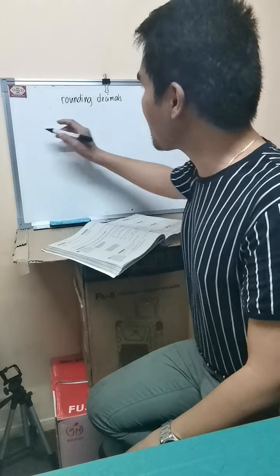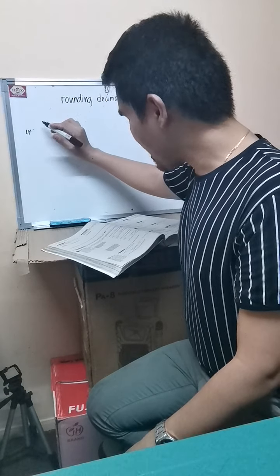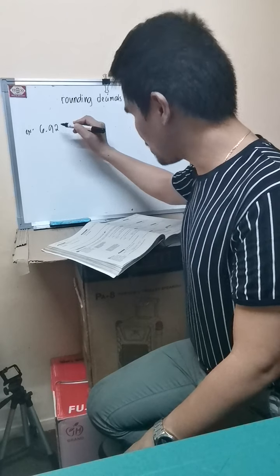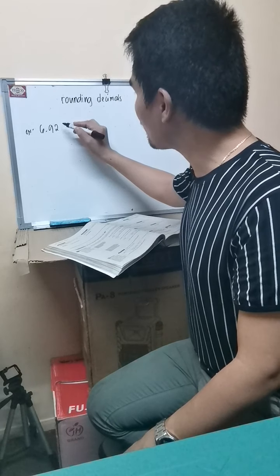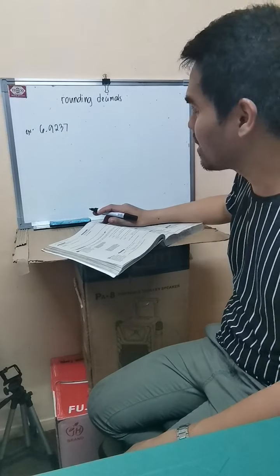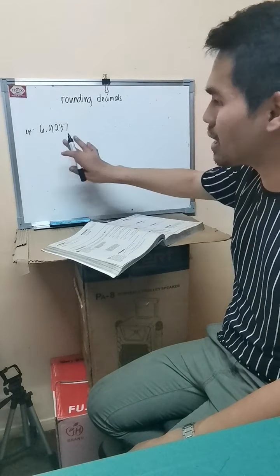Okay, let's say for example, we have 6.9237 10,000ths. Okay, so we have here our decimal place value.